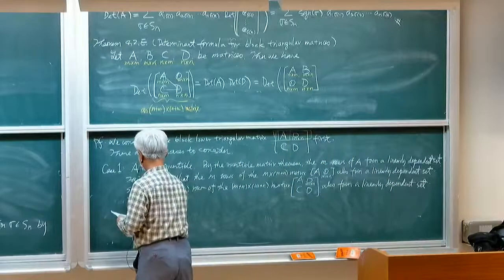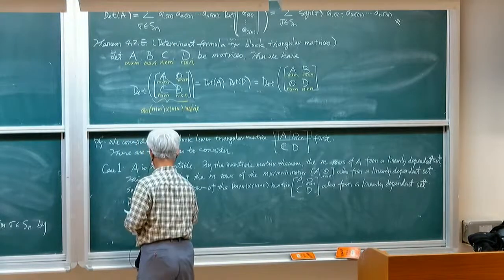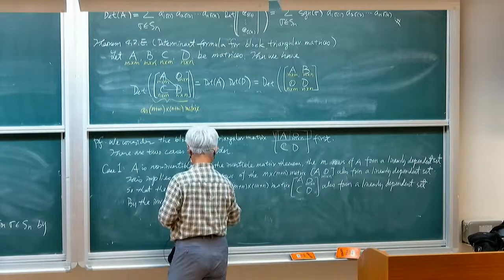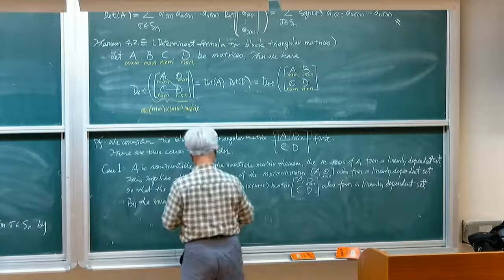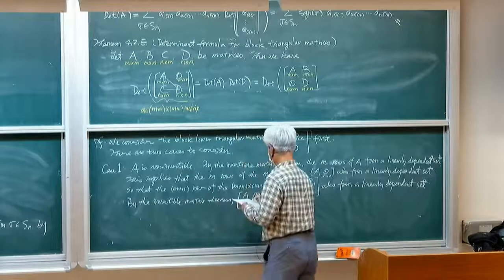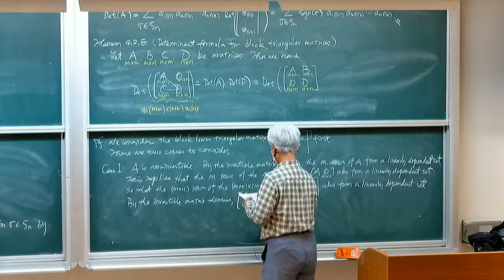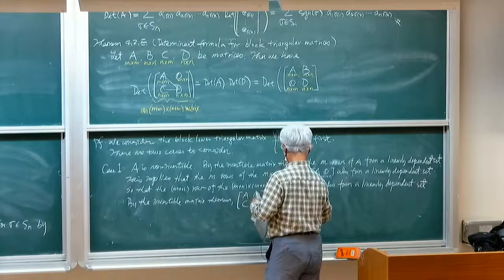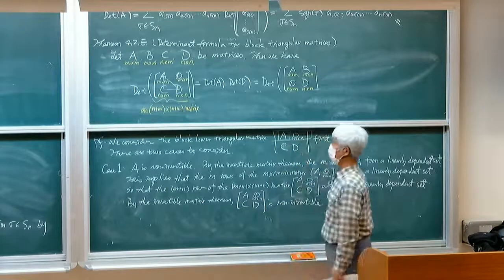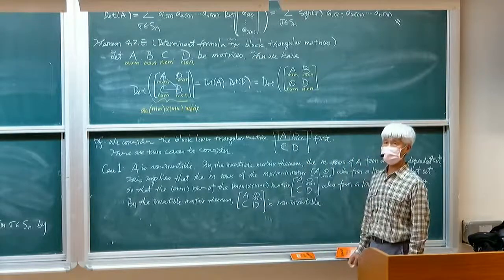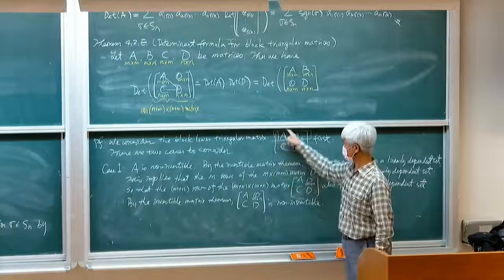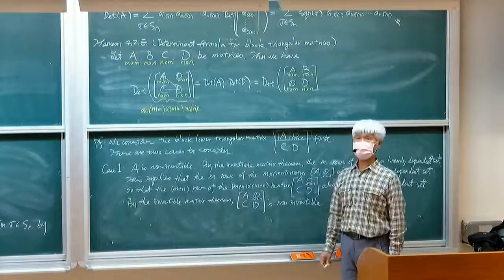So again, by the invertible matrix theorem, okay, this matrix is non-invertible. Okay? So what we have shown is that if A is non-invertible, then this big matrix is also non-invertible.